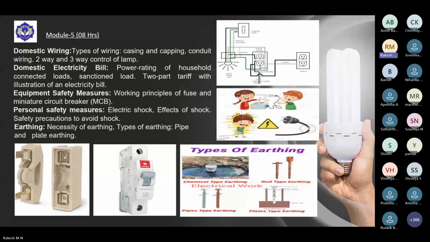So I hope more students will take this particular subject, because as I was explaining, in day-to-day life we use electricity, and at least as an engineers, we should have a minimum knowledge of how to handle a situation when there is a hazard in our home. At least till the electrician comes and takes over, you should have some minimum knowledge so that you can protect your home and your people from these problems.